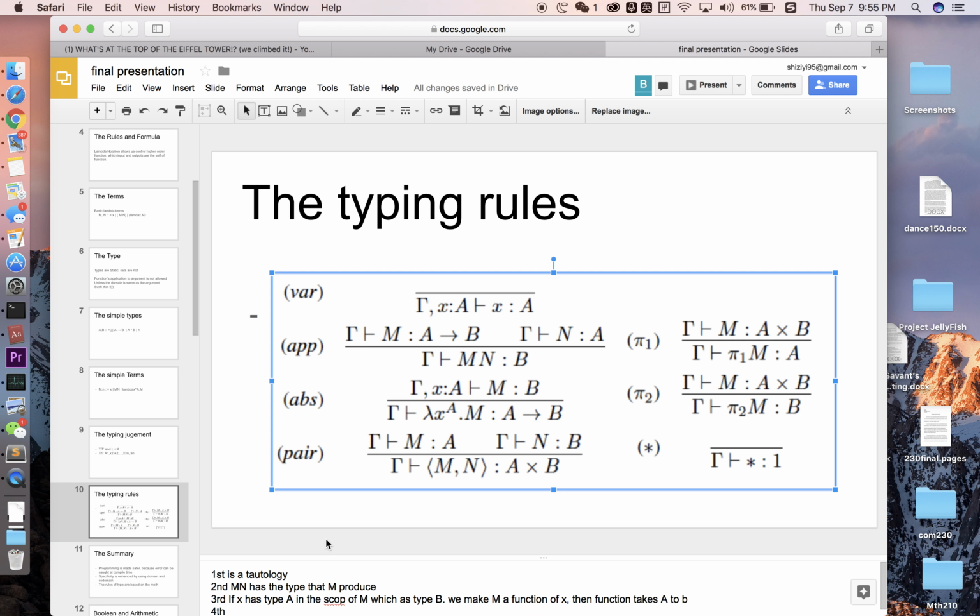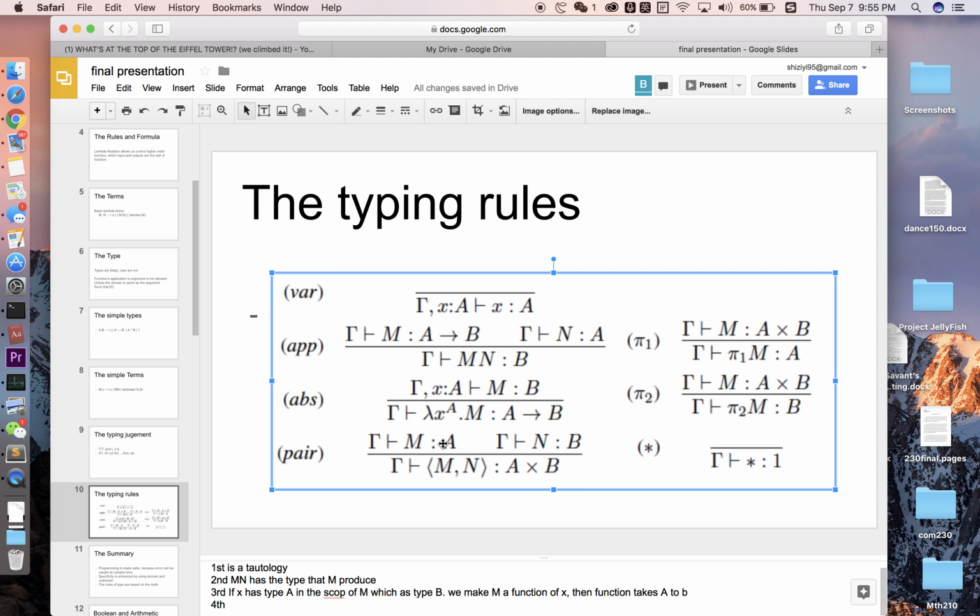And the third one: if x has type A in the scope of M, which has type B, we make M a function of x, and the function takes A to B. I want to repeat: if x has type A in the scope of M, which has type B, we make M a function of x, and the function maps A to B. Boom! Energy, right?